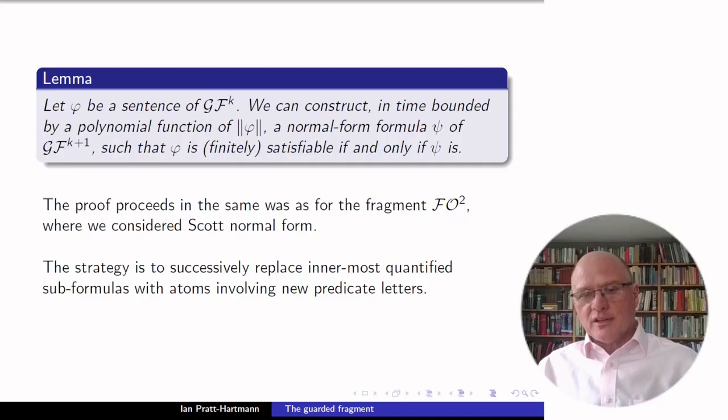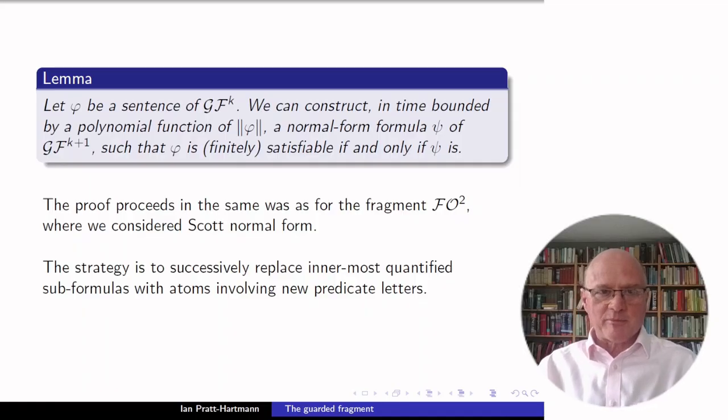The proof proceeds in exactly the same way as for the two variable fragment, where we considered so-called Scott normal form. So if you're interested in the details of the proof, then I refer you to the lecture on the two variable fragment, but it's essentially the same strategy.